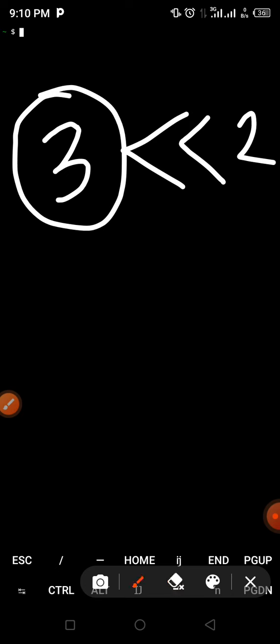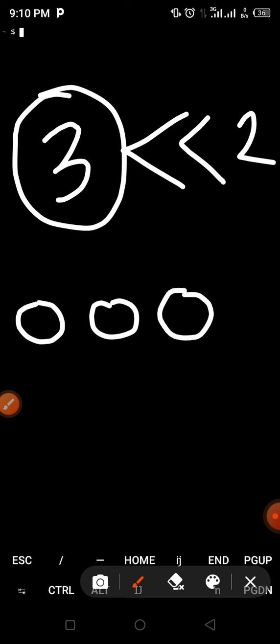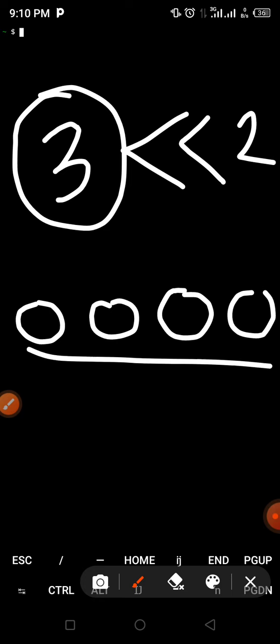So we have 0, 0, 0, and 0. You can see that this is the first, second, third, and fourth. So we have 4 positions there. Each number represents these 4 bits, especially when you are operating in hexadecimal or octal. It depends how you run it, whether you're working with 8 bits or 4 bits, whichever one.